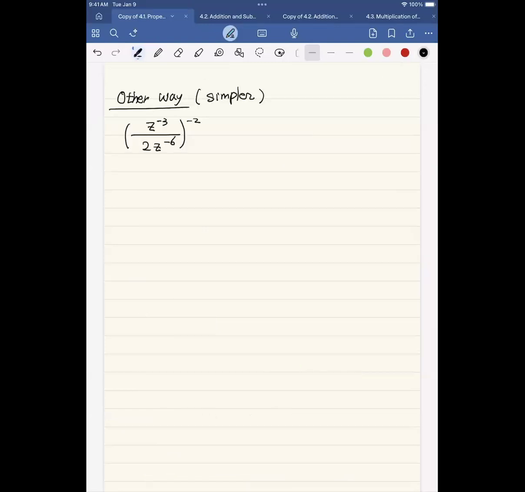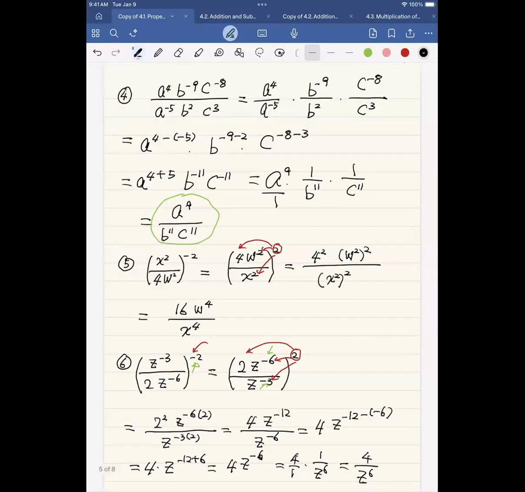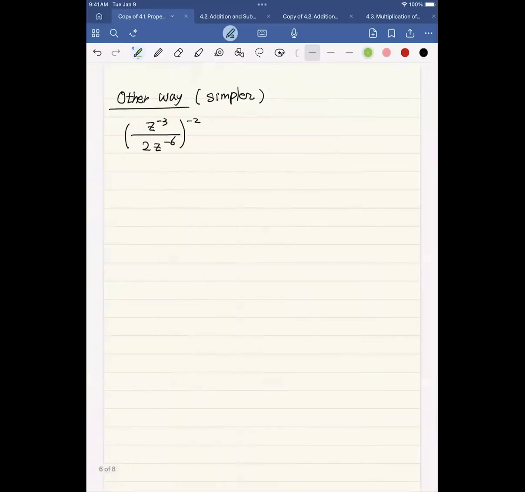Another way to solve the problem is related to your observation. Different from the previous problem that contains 2 different variables, x and w, in this problem we have the base character the same.